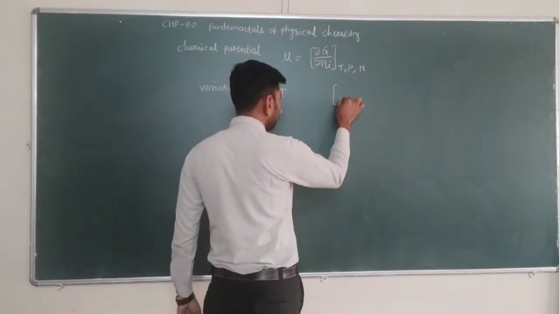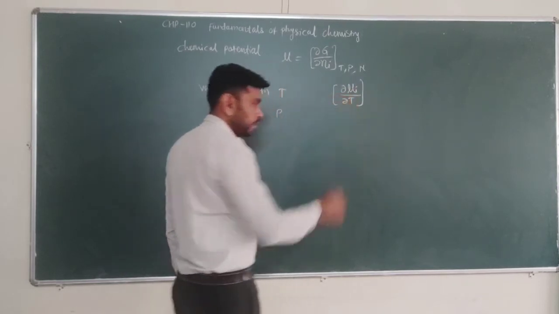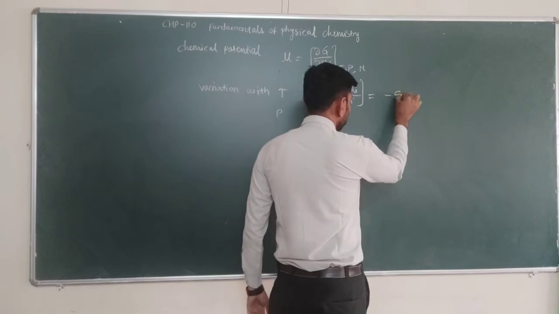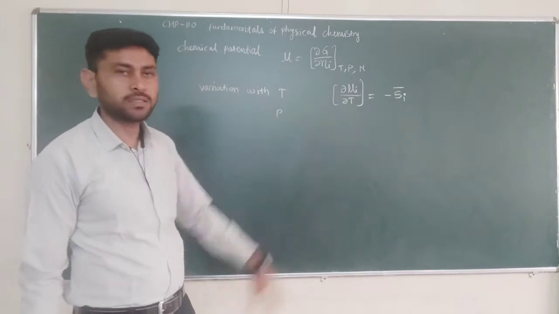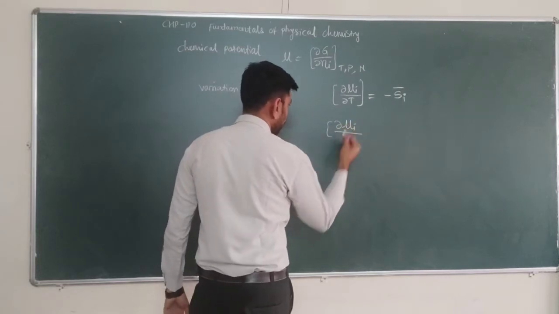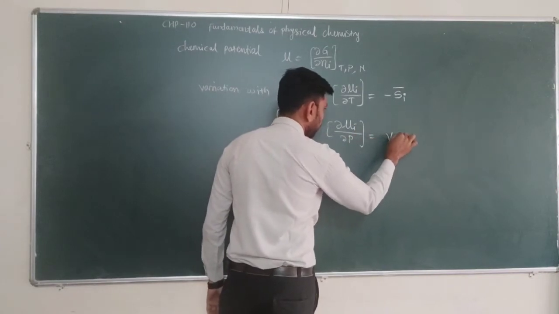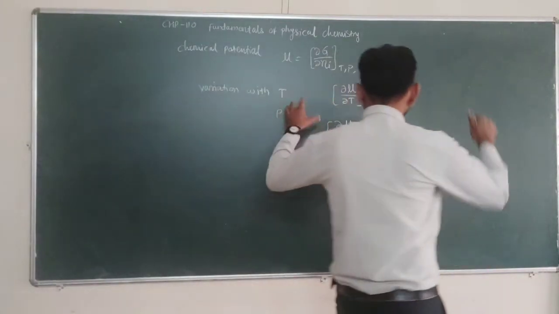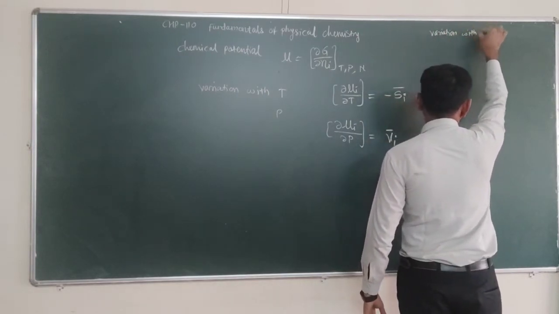Variation of chemical potential, delta mu i with delta T, is nothing but the negative of the partial molar entropy, and similarly the variation of chemical potential with pressure is nothing but Vi bar, the partial molar volume. We have to remember these two.